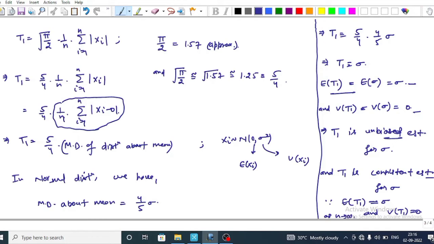It is already equal to 0, so as n tends to infinity is obvious.